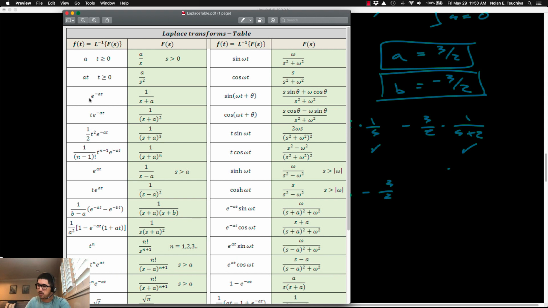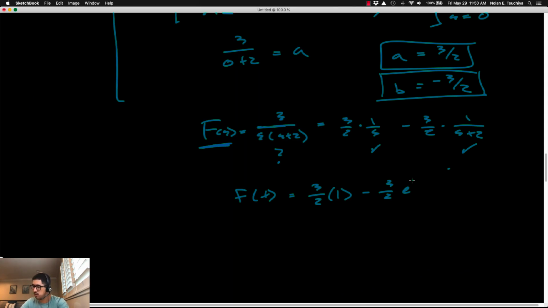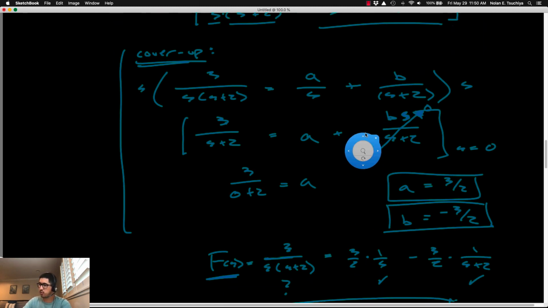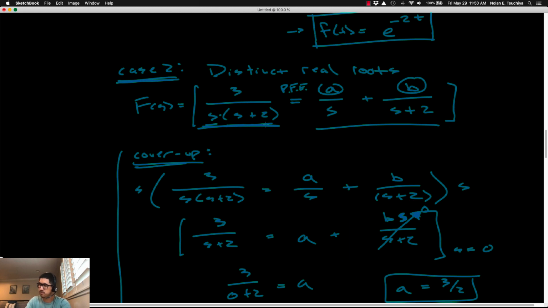That's going to be e to the minus 2t. And when you're finished, you should be left with only stuff in the time domain. So 3 halves minus 3 halves e to the minus 2t. That is the inverse Laplace of the original s-domain function. That's just case 2.